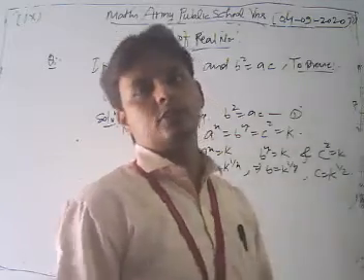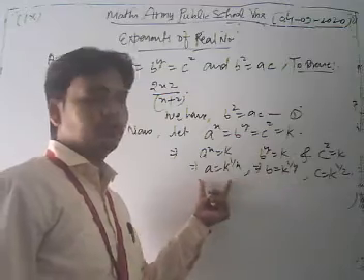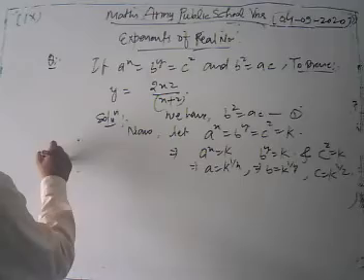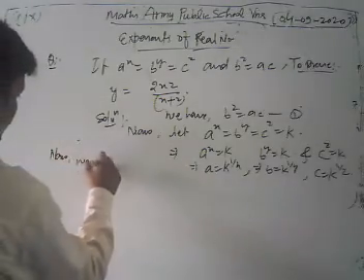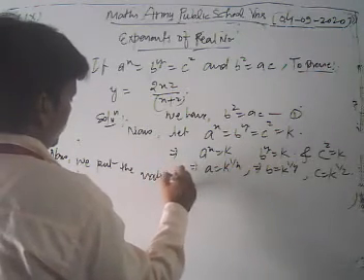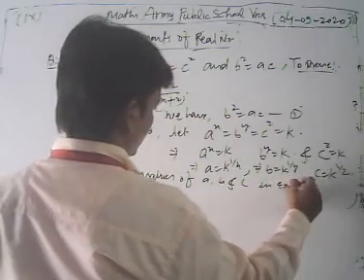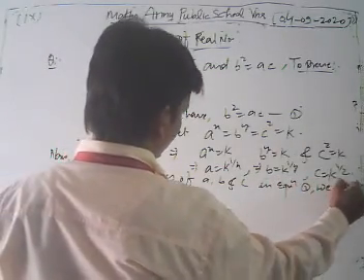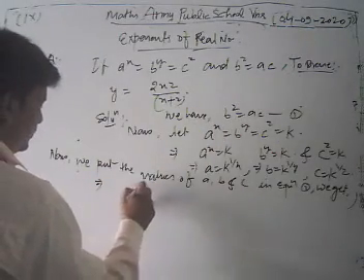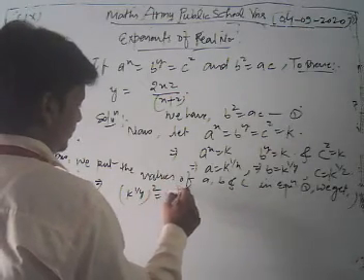Now we put the values of a, b, and c in equation 1. We get b square is equal to ac, that is a into c.